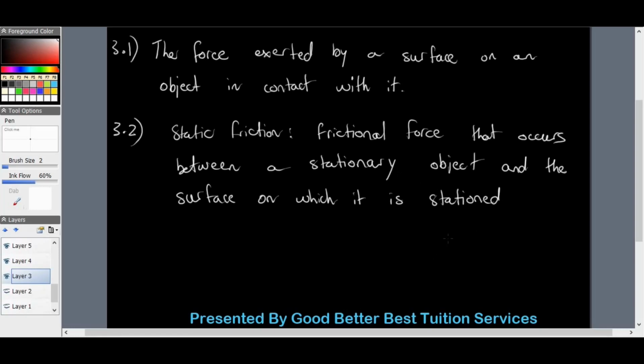The repetition of the S sound. Okay, the next one which I'll do in a different color for variation. Let's pick this one, which is kinetic friction.